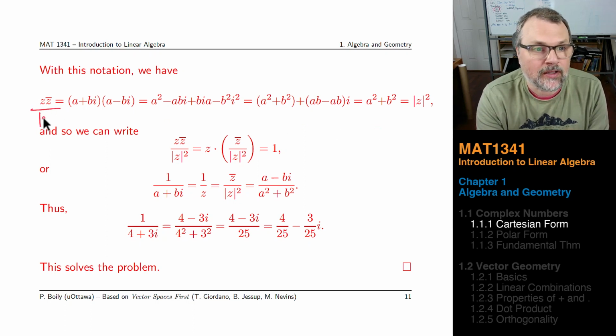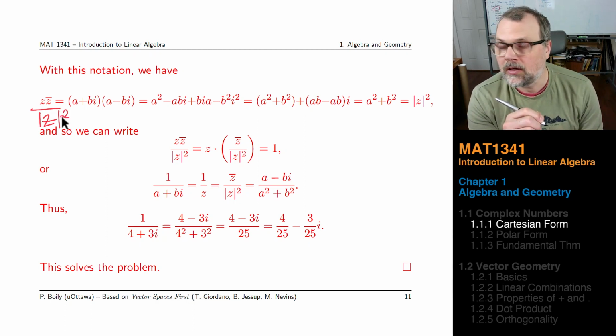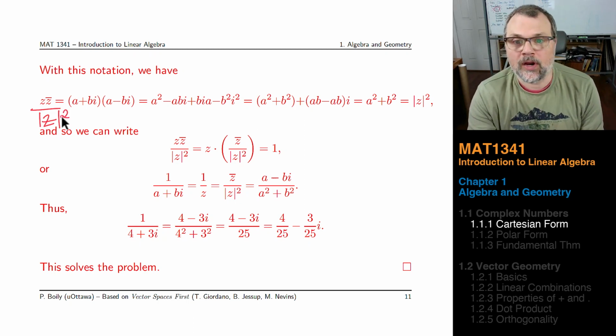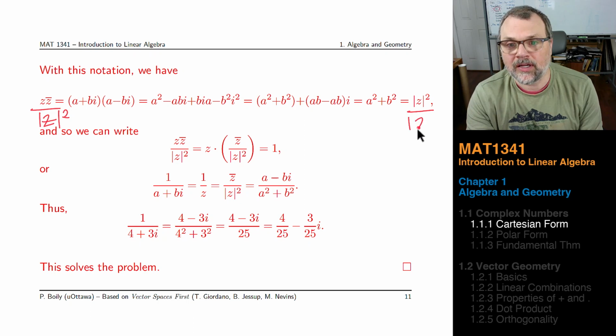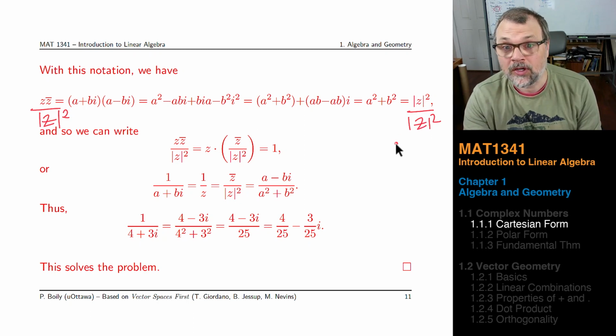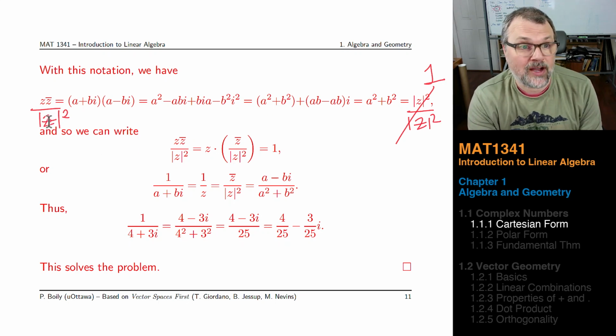So here I get z times z bar divided by the absolute value of z squared, and here I get divided by the absolute value of z squared. And assuming that z is not equal to 0, then I can do this because I'm dividing by something which is different from 0. This becomes 1. And so z bar divided by the absolute value of z squared gives me 1.